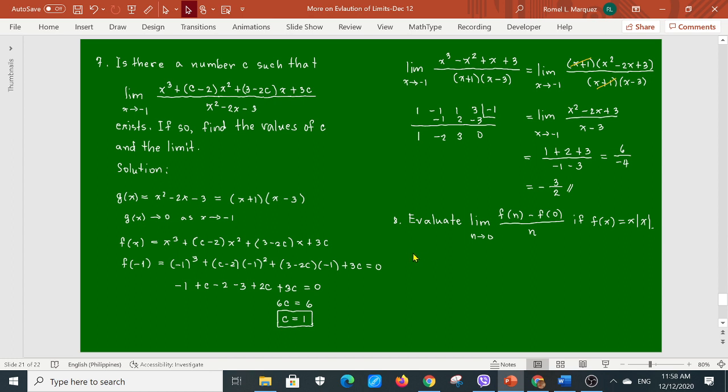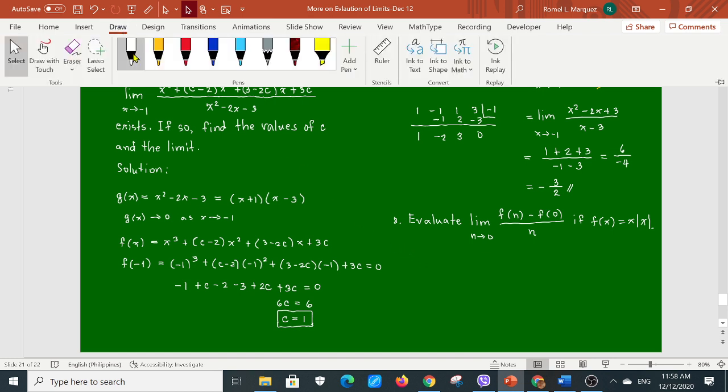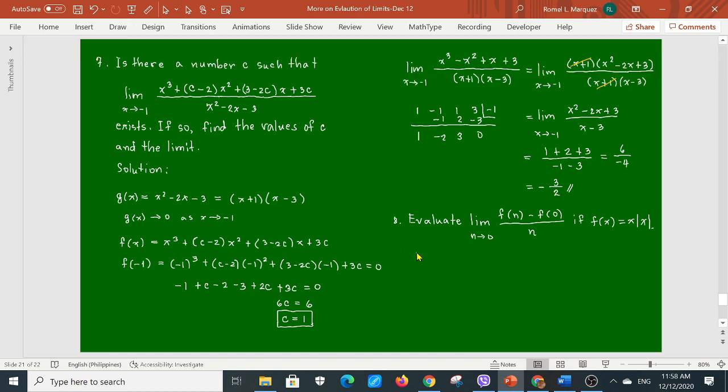Okay, so first, let's determine the required function. So, f of x is equal to what, guys? Absolute value of x times x, or x times absolute value of x, which means, if I solve for f of n, what is f of n?